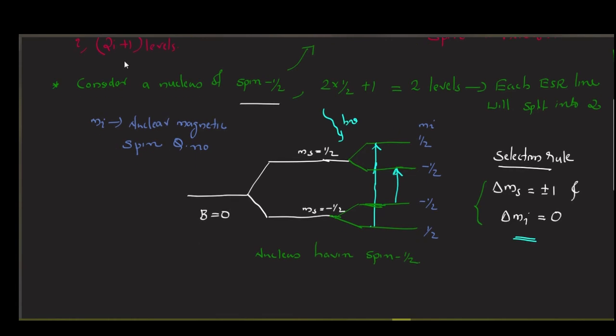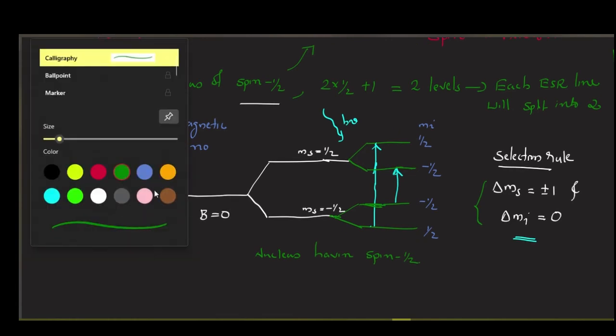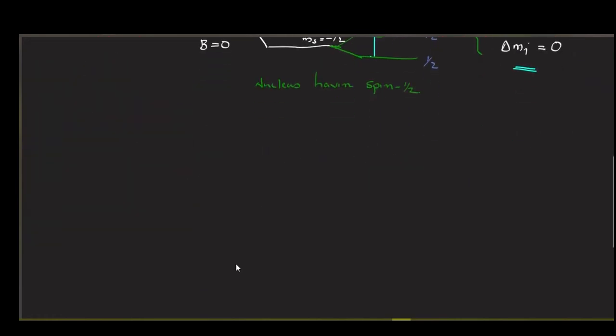Now, let us consider another example. Let us consider a nucleus of spin 1.